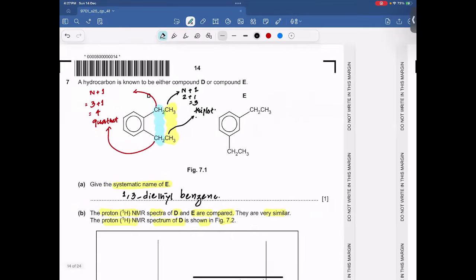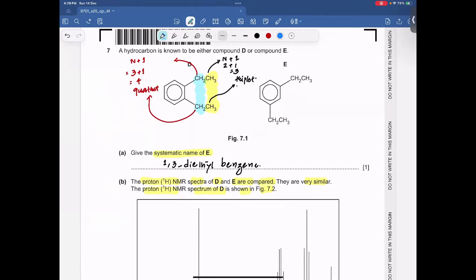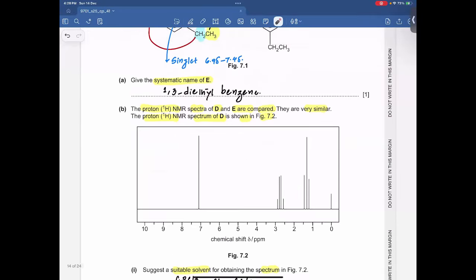Last but not least, this benzene ring gives you a singlet at a chemical shift of 6.9 to 7.4 delta. So look, this is a triplet peak, this is a quartet peak, and this is a singlet peak.